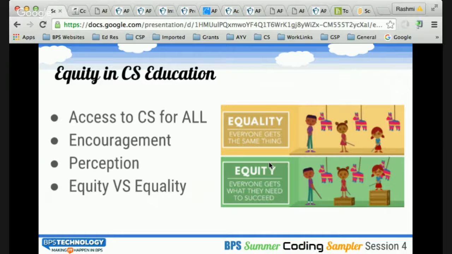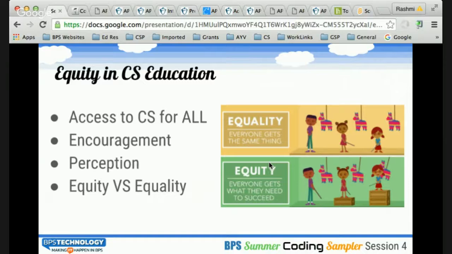And that's the model that BPS is also looking at as they look for making CS accessible to all in the BPS context. We are obviously looking at parameters in terms of encouragement, how to improve the perception of CS in the school, and then again, bringing it back home to making CS accessible to all.